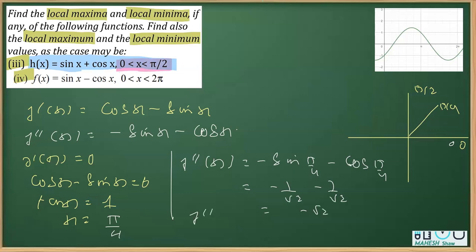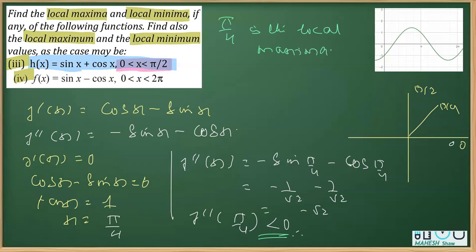As you can see, f double dash x at pi by 4 is negative. Therefore, we can say that pi by 4 is less than 0, and in case of less than 0, that is negative, we say local maxima.